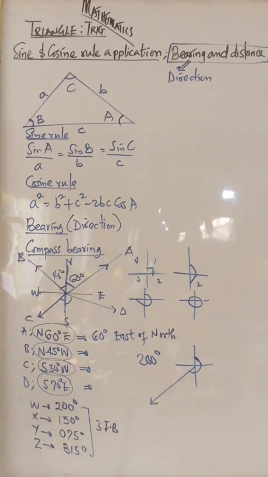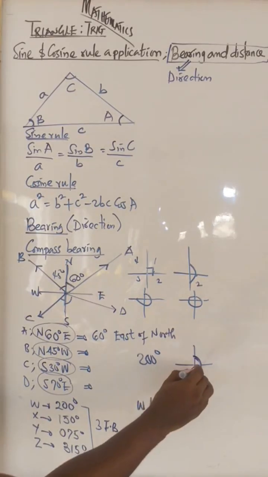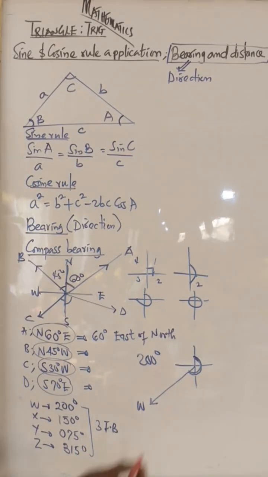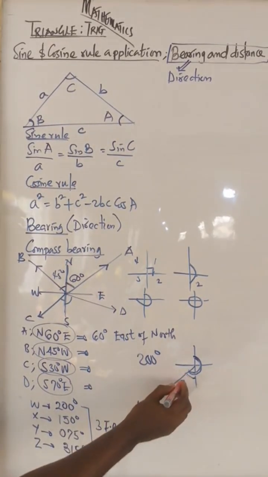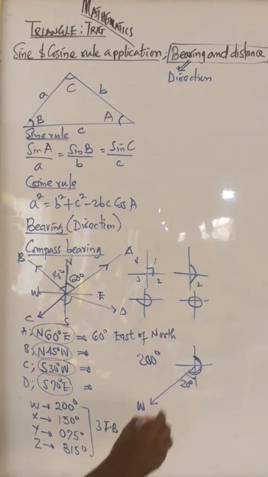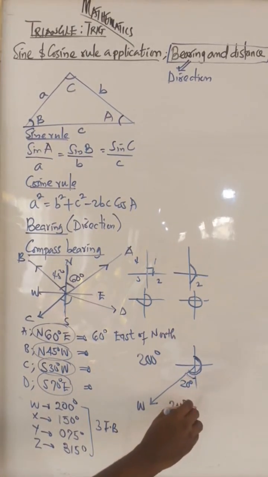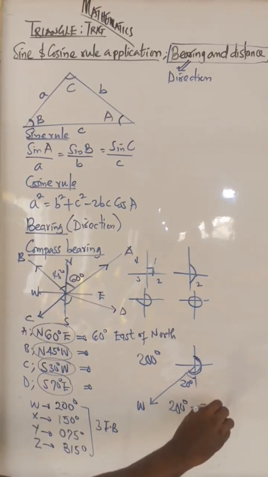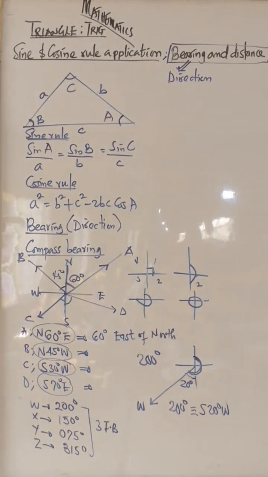So this is the bearing of W. The whole of this angle here is 200. But what we actually need is this acute angle, which is what? 20 degrees. So this 200 degrees is equivalent to south 20 degree west.